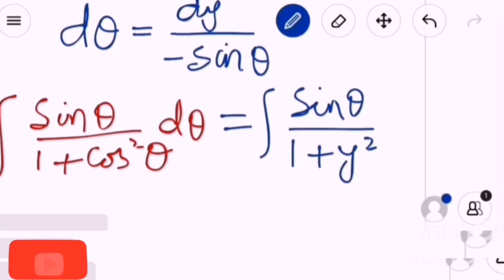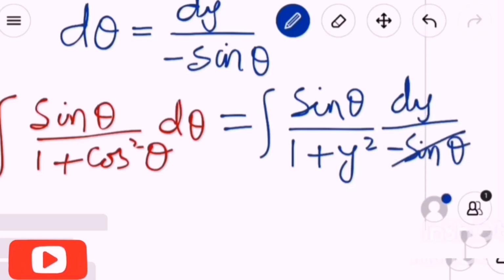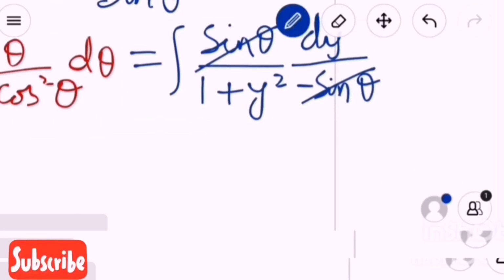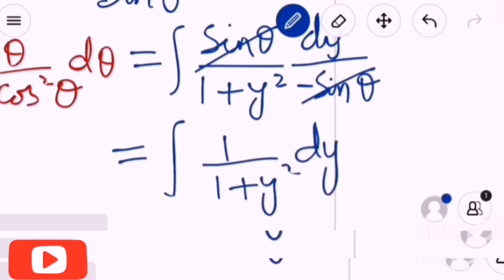And what is d theta equal to? It is equal to dy by minus sine theta. Sine theta cancels sine theta. Then what do we have? We now obtained this form, 1 by 1 plus y square dy, and this minus sign will also appear along with this integral.